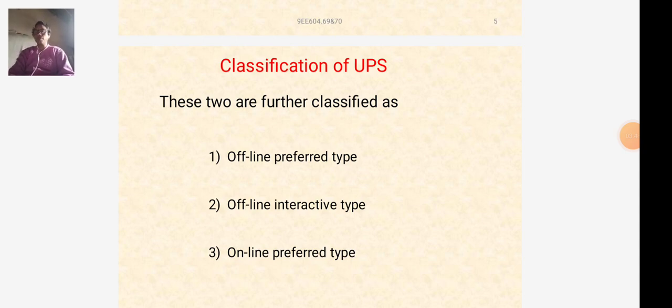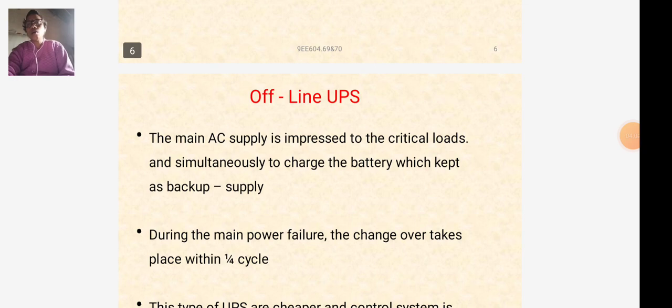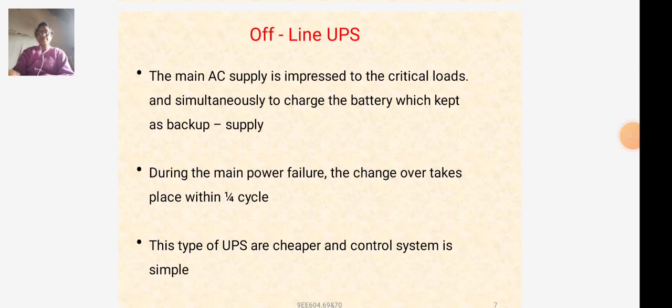In online UPS, irrespective of the input mains, power is continuously supplied to the critical load through the inverter of the UPS. Now we are going to discuss the offline UPS.